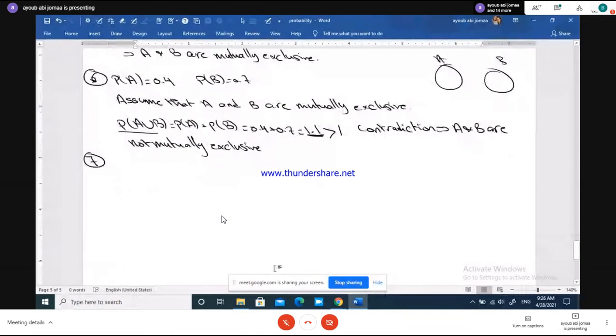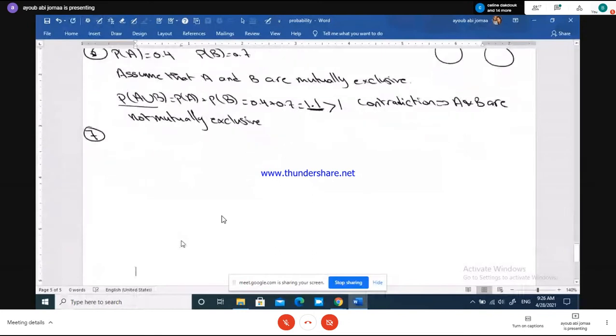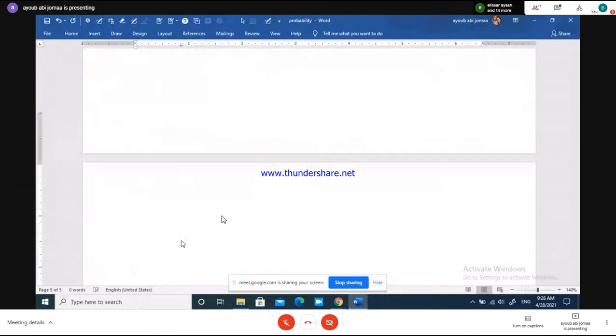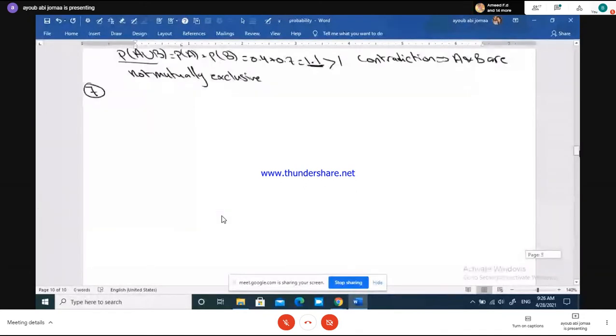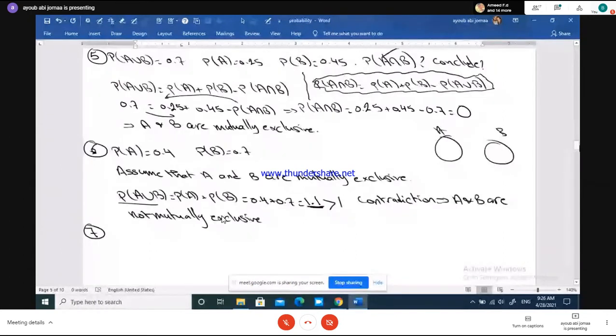Yes. مش إسا قلت إنه ليكونوا mutually exclusive لازم يكون ال P equal 0. Just one moment. من هي اللي لازم تكون 0؟ Probability.